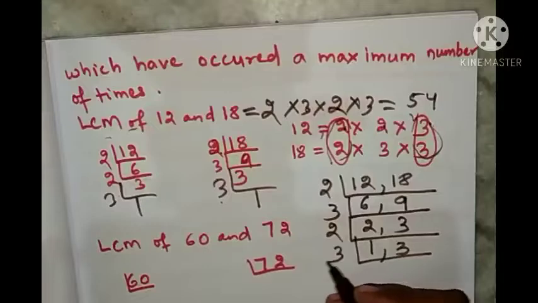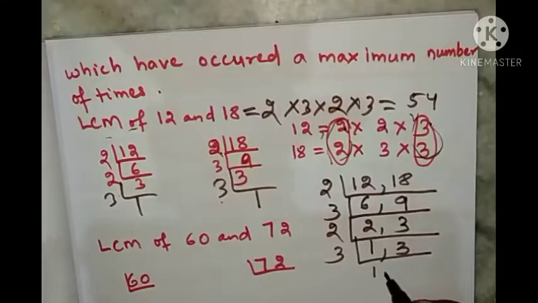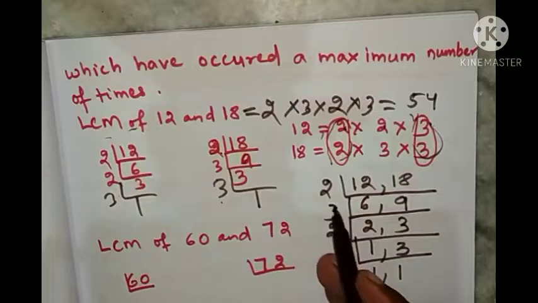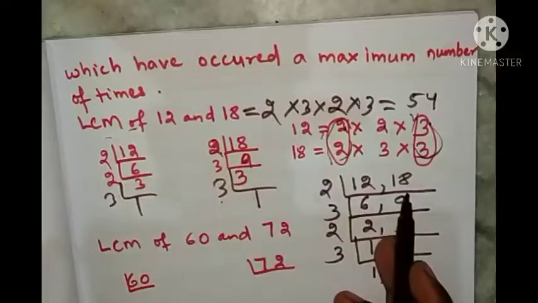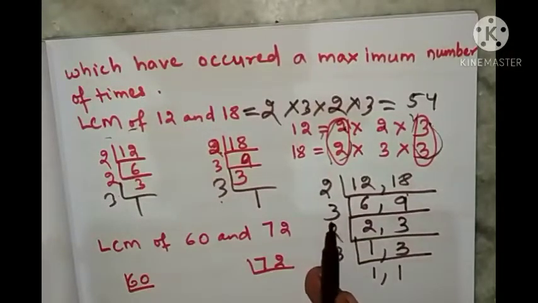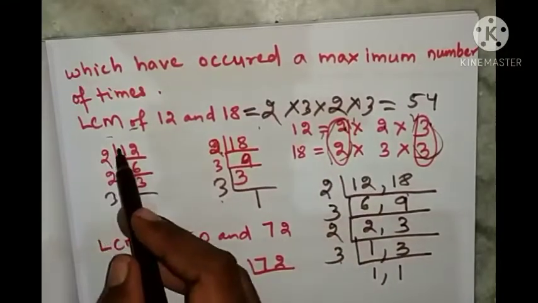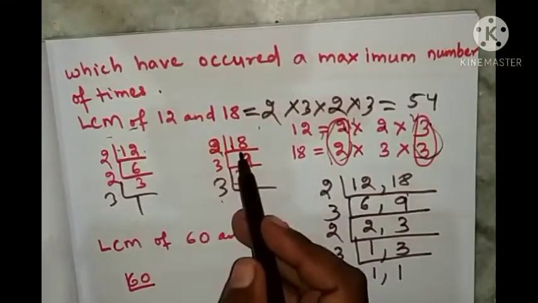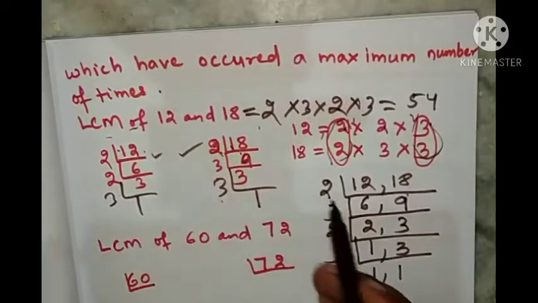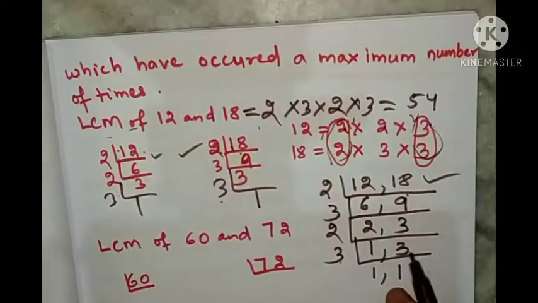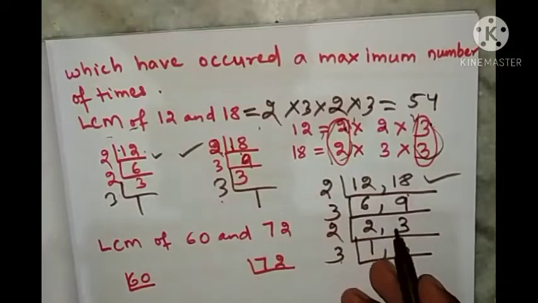Then 1, 1. So you get the LCM of 12 and 18 equal to 2 into 3 into 2 into 3, which is what you have written here. So in the prime factorization method you can find it like this, or you can find it like this also. So this is about prime factorization.